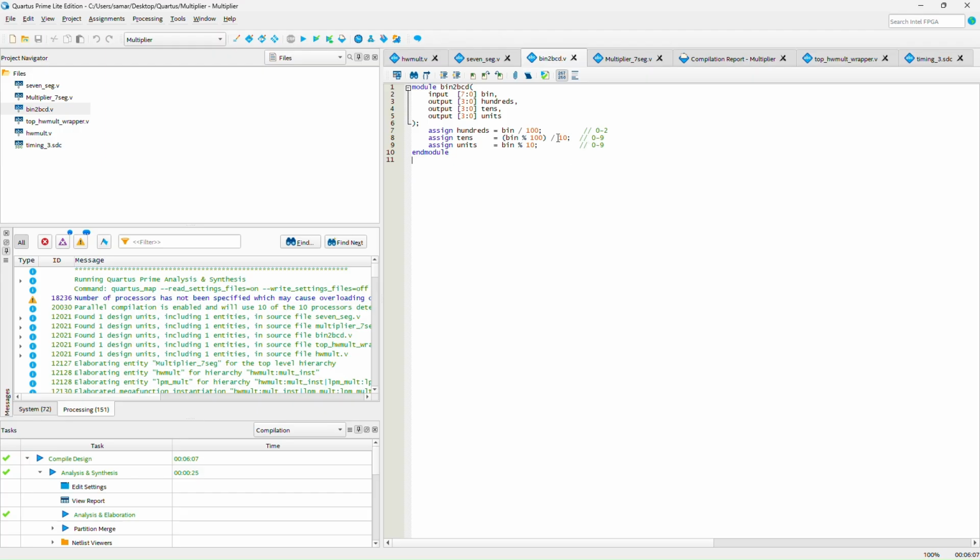So that's how you'd extract the tens place. And again, 225 modulus 10: 225 divided by 10 is 22, so having taken out 220, you'd get the 5 as the result. So that's how you'd extract the units place. So this basically extracts the hundreds, tens and units place values.